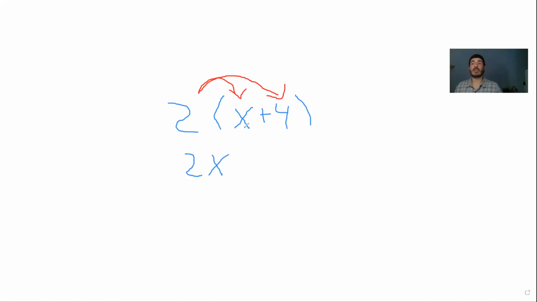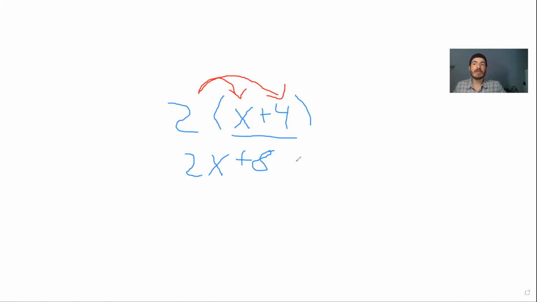I can bring them together when I'm multiplying, but I can't when I'm adding. It's like saying I bought 2 of these things, so I bought 2 apples, plus 2 times 4. I'm just going to skip a step here and write 8. So I've changed 2 times the sum of x plus 4 to 2x plus 8.